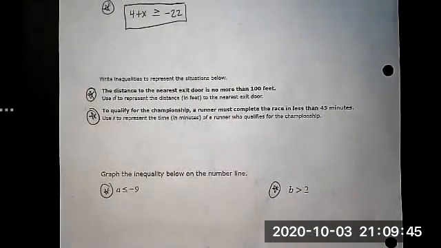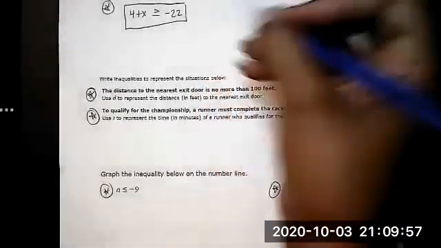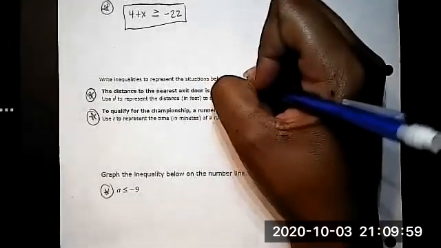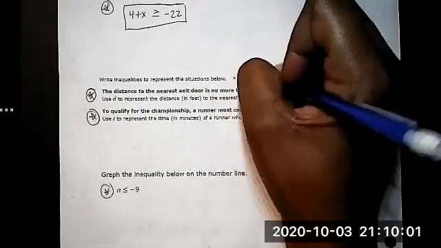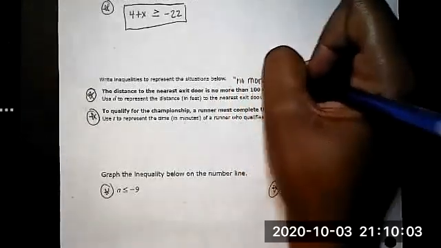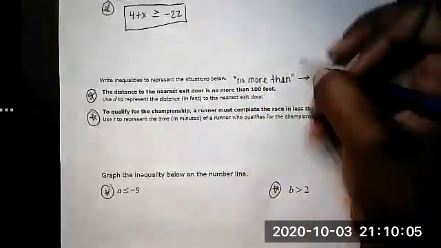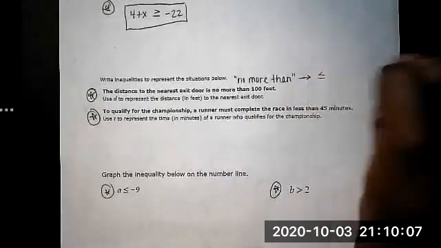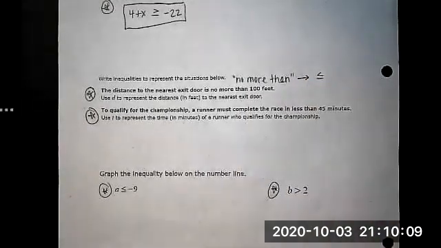All right, down here, the distance to the nearest exit door is no more than, okay? So when you see no more than, go ahead and put less than or equal to. Okay, and again, these are just really good rules of thumb.